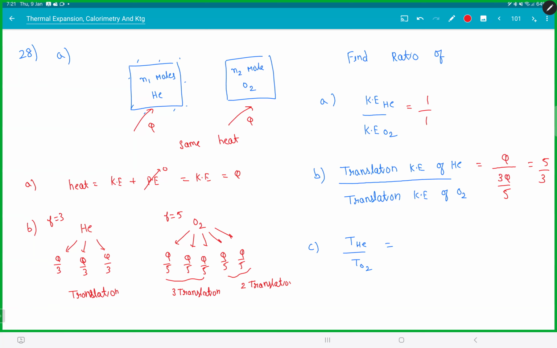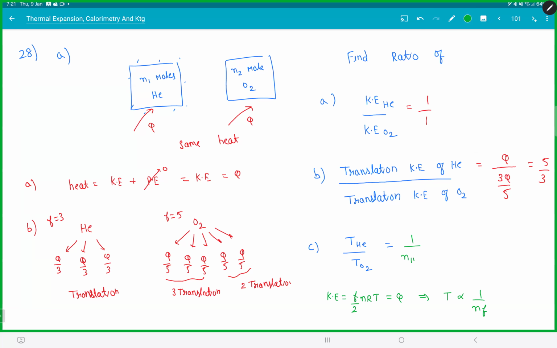If nothing is mentioned, always take low temperature. They will specifically mention if it is high temperature, whenever degrees of freedom are involved. What about the temperature of helium? Kinetic energy is nothing but F by 2 nRT, which is equal to Q. So temperature is proportional to 1 by NF, because Q is the same for both.